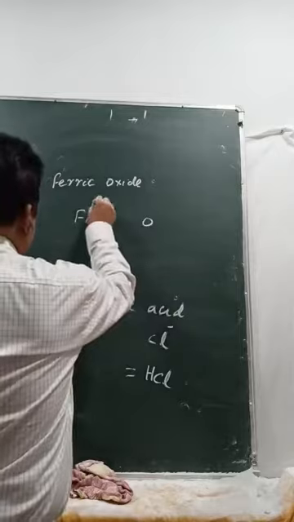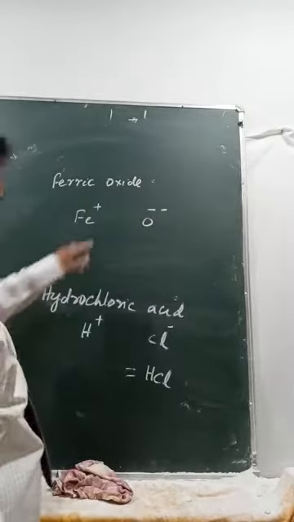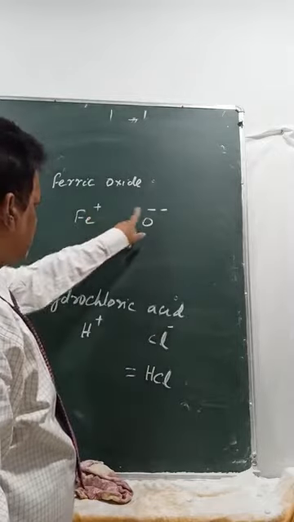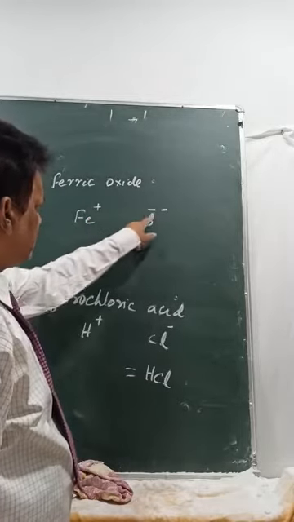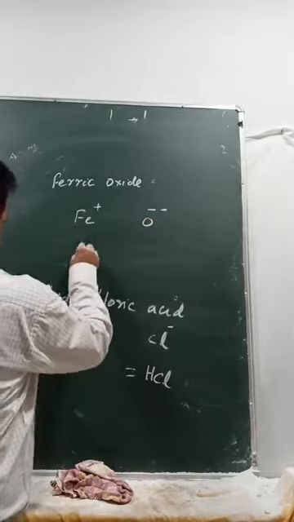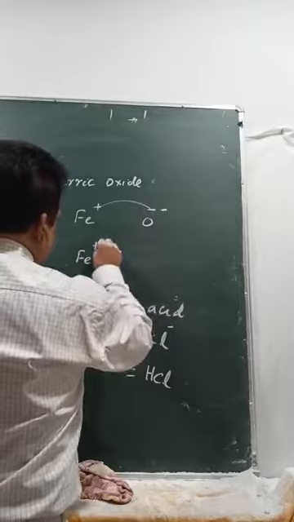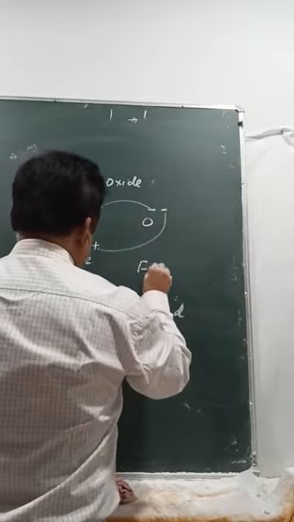It is 1. It has 2. If it gives 1 here, this is neutralized here, but still 1 more is required here. That means you need 1 more Fe, so that this will balance here, this will balance here. So what you get? Fe2O.